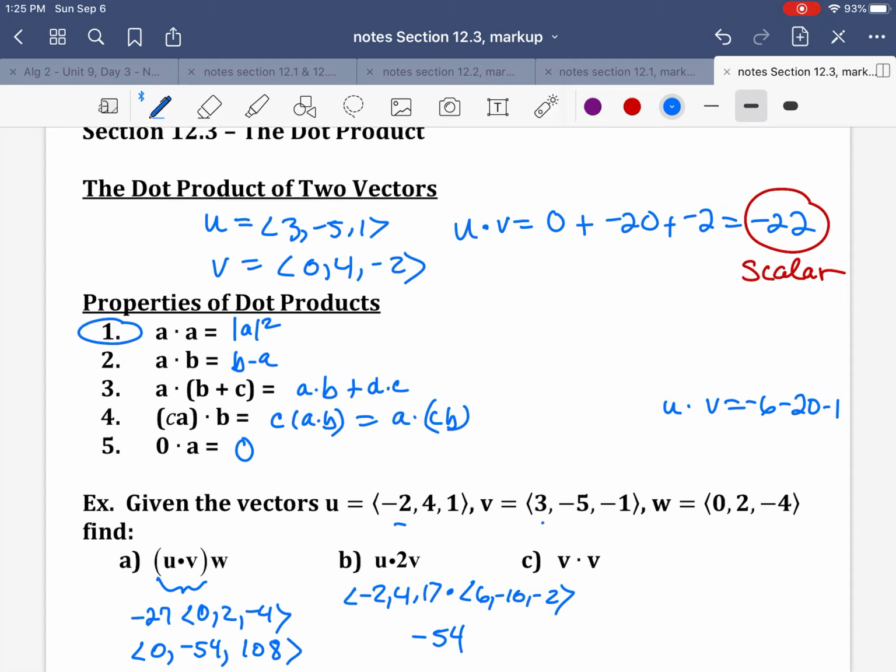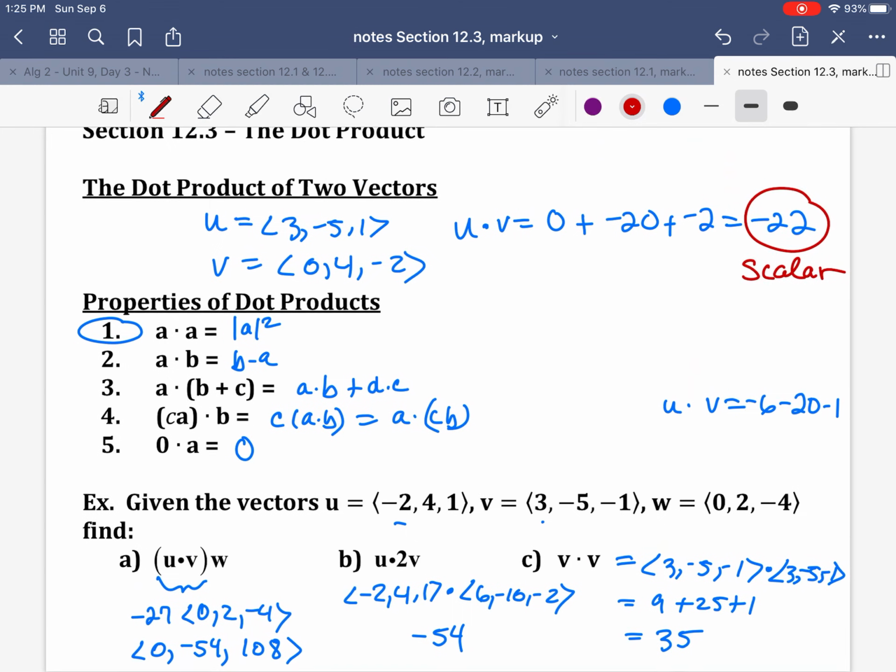All right, this last one I want to explain because it has to do with this guy up here. So let's do v dot v. So v dot v is going to be 3, -5, -1, dotted with 3, -5, -1 again. So I end up getting 9 plus 25 plus 1, which is 35.